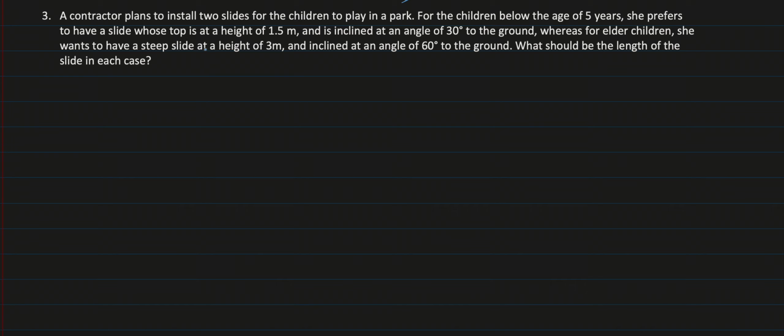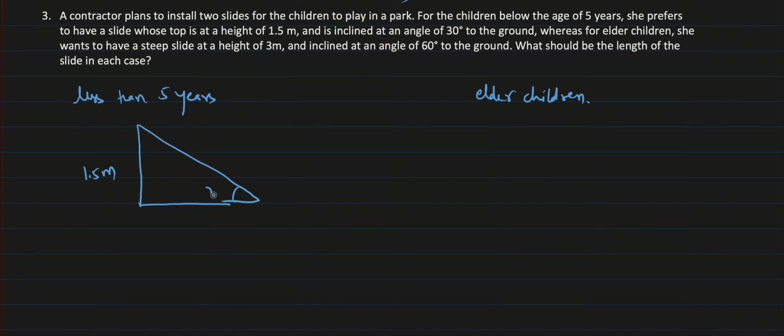So we will have 2 figures over here. One is for less than 5 years, and we have elder children. For less than 5 years, she wanted the height of the slide to be 1.5 meters only, and the angle of elevation 30 degrees.